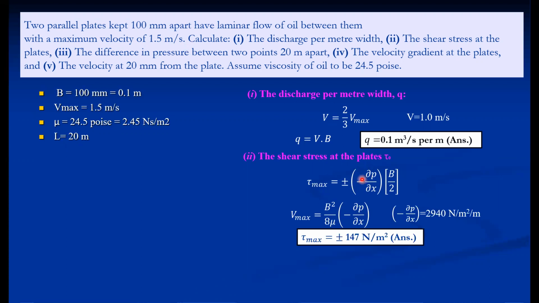So from that equation also we can calculate delta p by delta x. By taking P1 minus P2 by L on one side, that is equivalent to minus delta p by delta x. So 12 mu is given, then L is 20 meter, given, then divided by b square. So only known quantities.